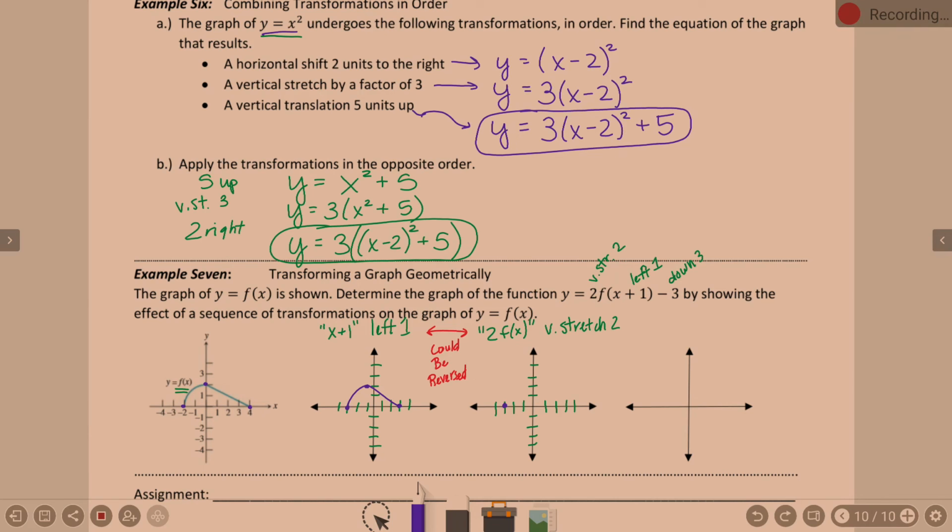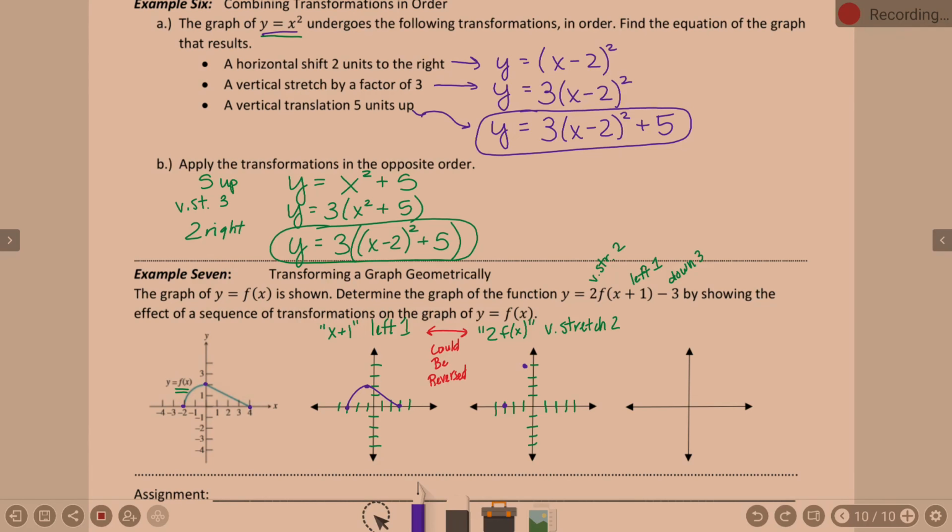This point had moved 1 left and was up 2. When I vertically stretch that by a factor of 2, what's my y value? It's left 1, up 2, so 2 is my y value. 2 times 2 is 4. So instead of going left 1 up 2, it's going to be left 1 up 4.